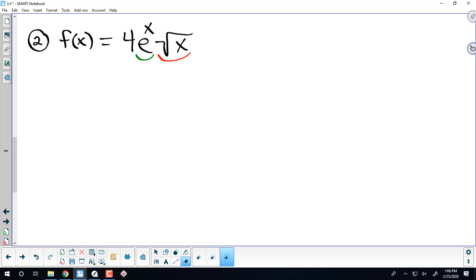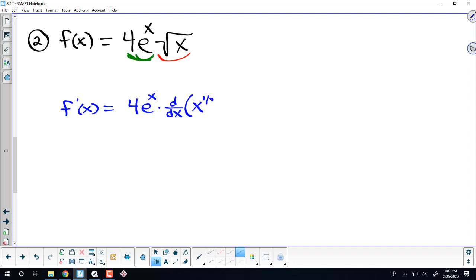It totally doesn't matter. So let's just call 4e to the x the first, and take the derivative. We have the first times the derivative of the second. And the square root of x, I'm going to write it as x to the 1/2. So when I take the derivative, I can apply the power rule. So there's the first times the derivative of the second, and then what's next?